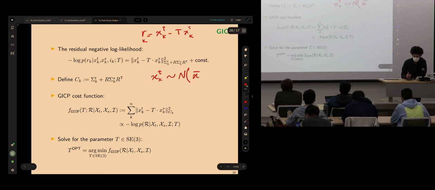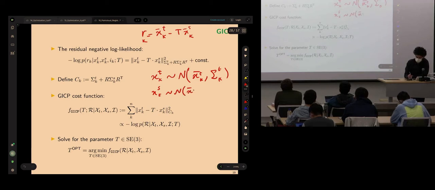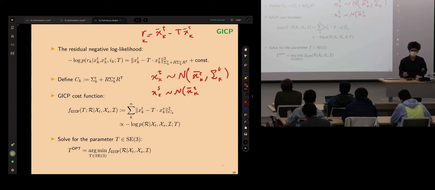I'm abusing the notation a little because I'm not writing the mean here, right? This must be, of course, the mean. Similarly, the source point cloud is following a mean value. The mean is just the 3D points, what you get from the point cloud. The covariance is what we just described. So for every point, we need to evaluate that.